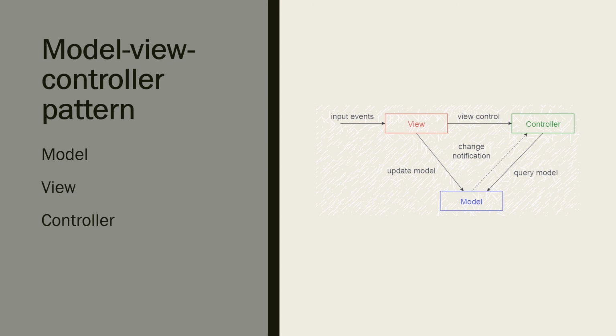For example, Django, Rails, React, Vue, Angular, Laravel, PHP, Java, C# or ASP.NET Core are many languages that support this kind of architectural pattern.